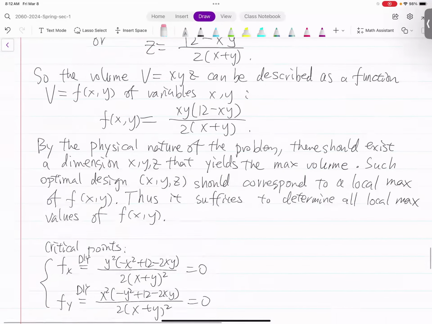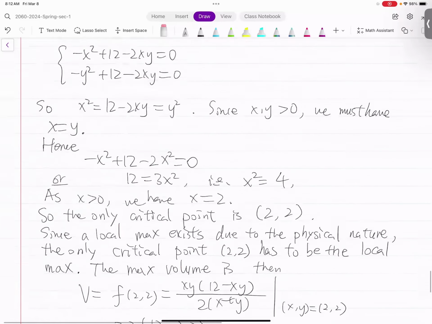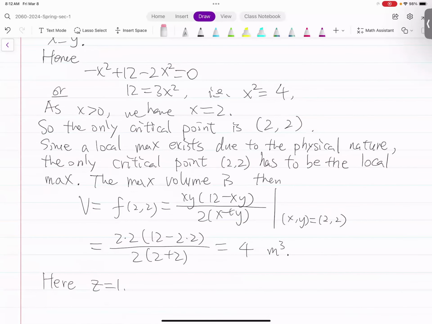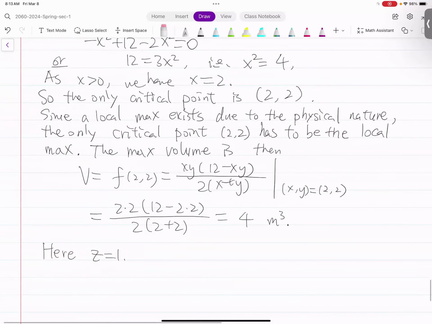That really is up to what the question is asking.